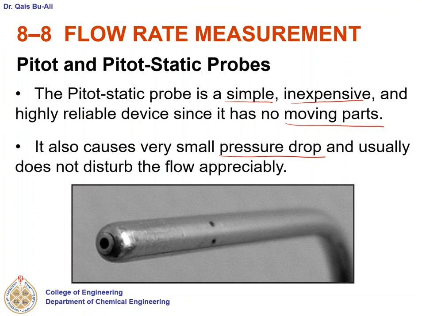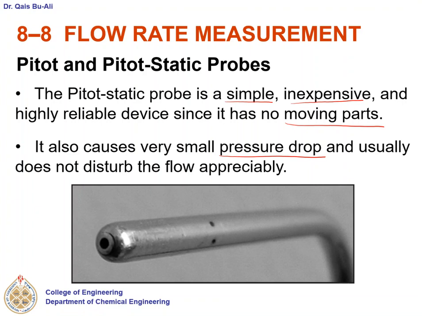Pitot probe. So let me summarize this short lecture. In this lecture, we talked about why it is important to measure flow rate. We talked about the simplest method to measure the flow rate, which is just collecting a known volume in a known time. Then we talked about the first device to measure the flow rate, which is called the Pitot probe.